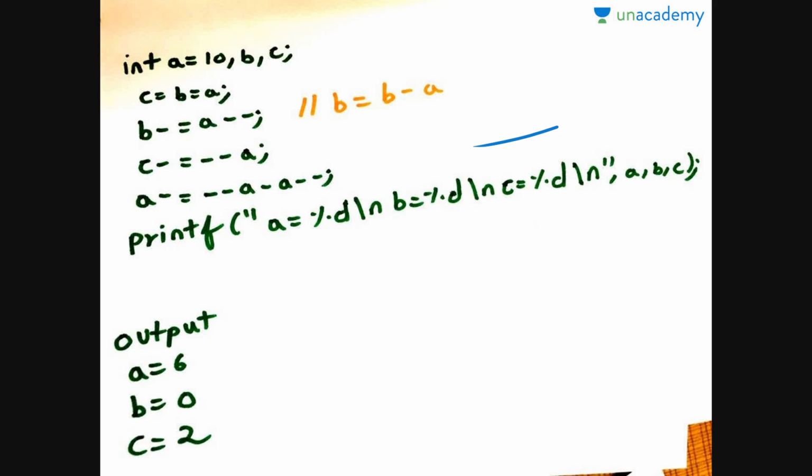So that will be equal to 7 minus 0, that's equal to 7. Also the value of A is post-decremented in the same statement. Thus the value becomes 6. So the output will be A is equal to 6, B is equal to 0 and C is equal to 2.